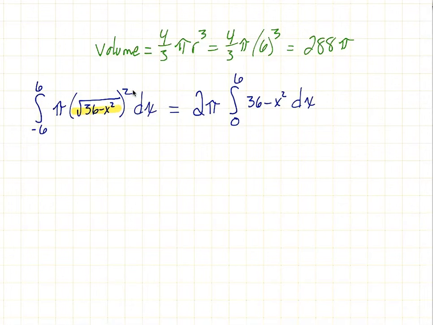which will get us, so this is going to be equal to 2 pi times the antiderivative of 36, 36x, minus the antiderivative of x squared, which is 1/3 x cubed.